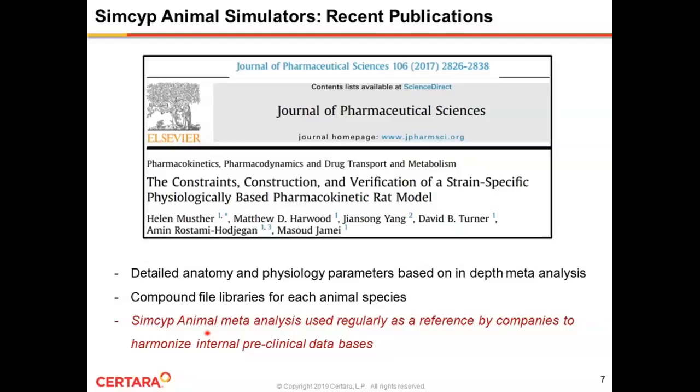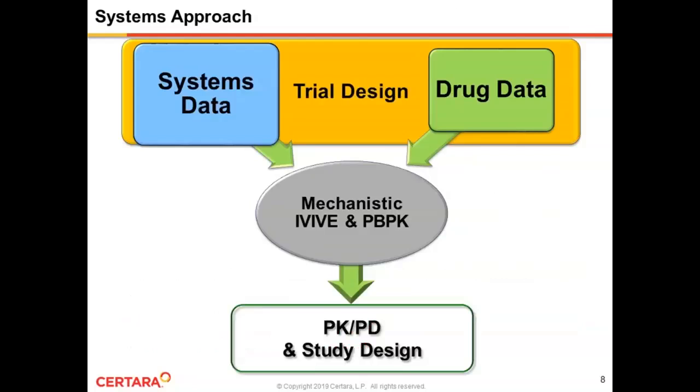So I think this is an important point to be mentioned, because we do take pride in our meta-analysis and the effort that goes into it, and we are happy that we are able to build such robust PBPK models.